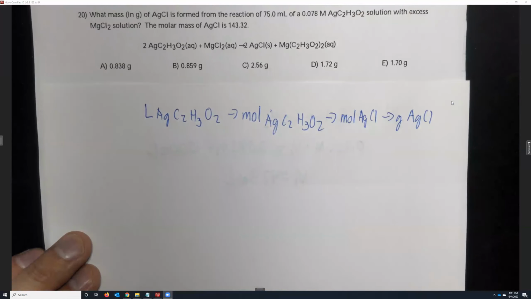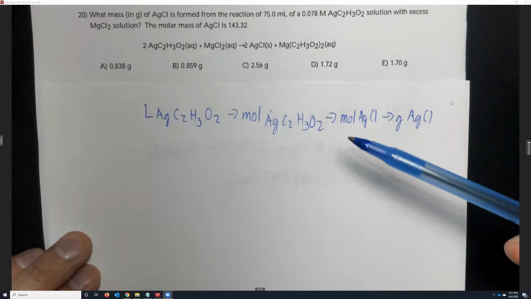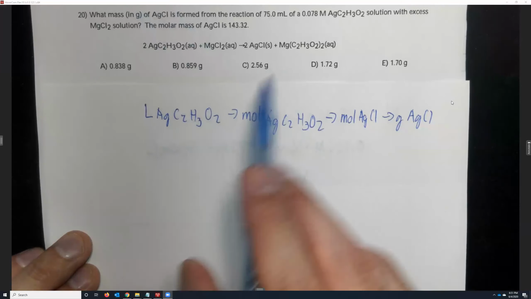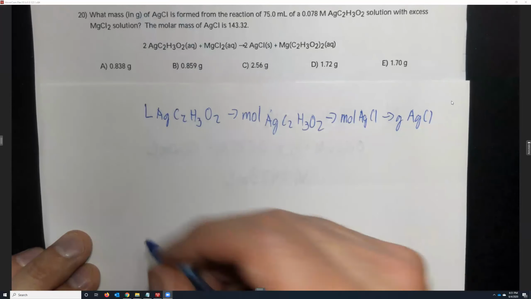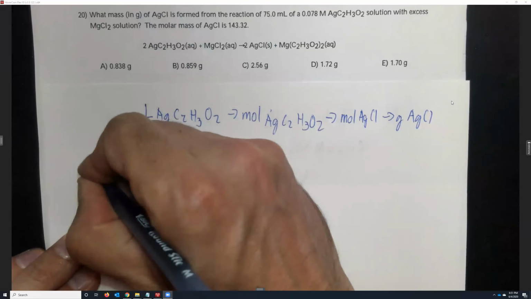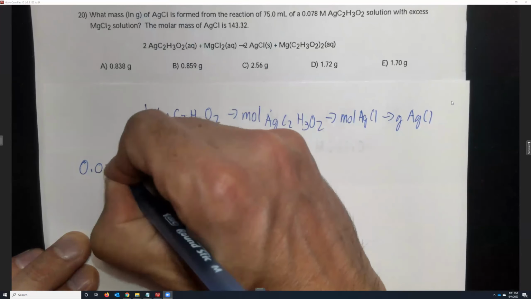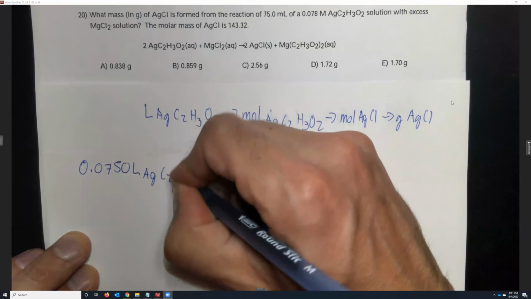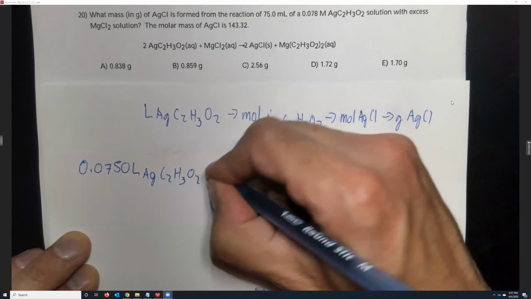It's essentially combining the stoichiometry problem we did in the previous one to the solid stoichiometry problems we did earlier. So in this case, we want to start with liters of AgC2H3O2, so we have to divide the milliliters by 1,000. 0.0750 liters of AgC2H3O2 times.